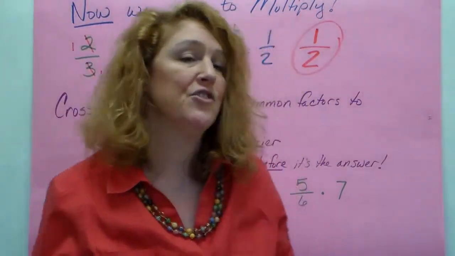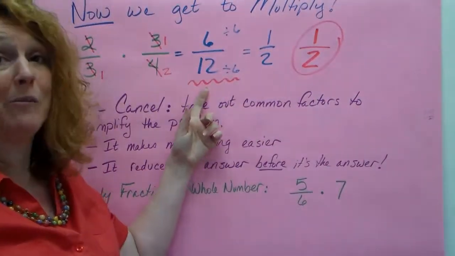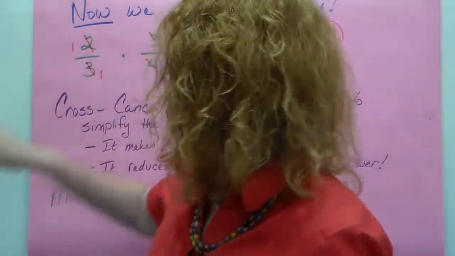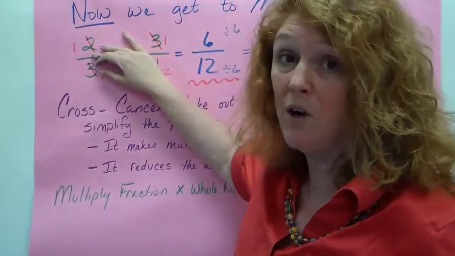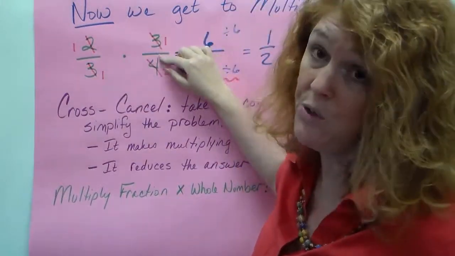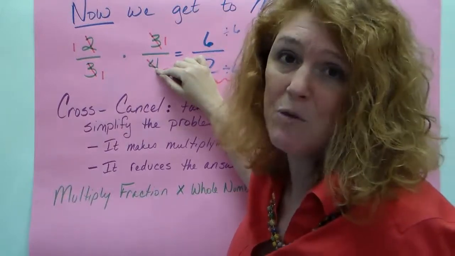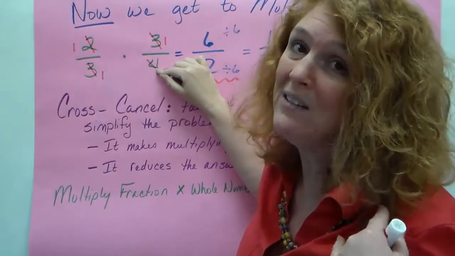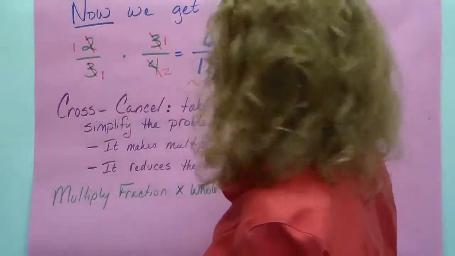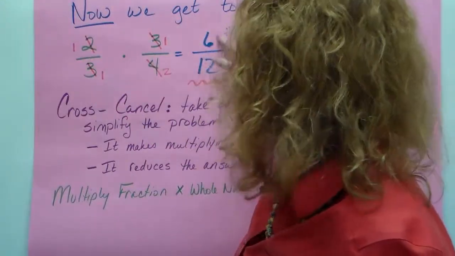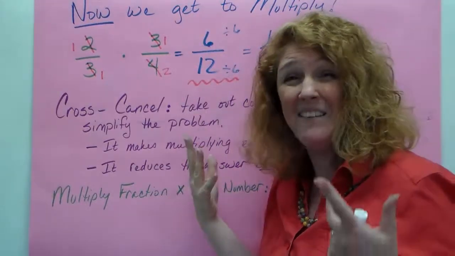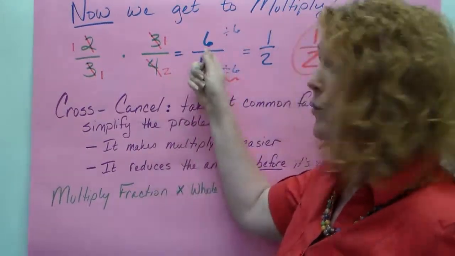Now you might be thinking to yourself, oh, but this step is no problem and this looks complicated. What if your fractions are 12 over 31 times 42 over 27 or something ridiculous like that? I'd really like to take all the common factors out before I had to multiply straight across and end up with numbers like 247 over 900. You know what I'm saying? I'd rather not deal with the big numbers.